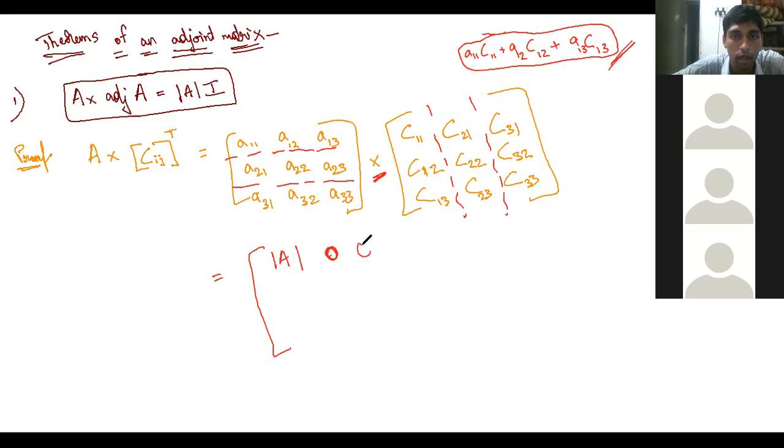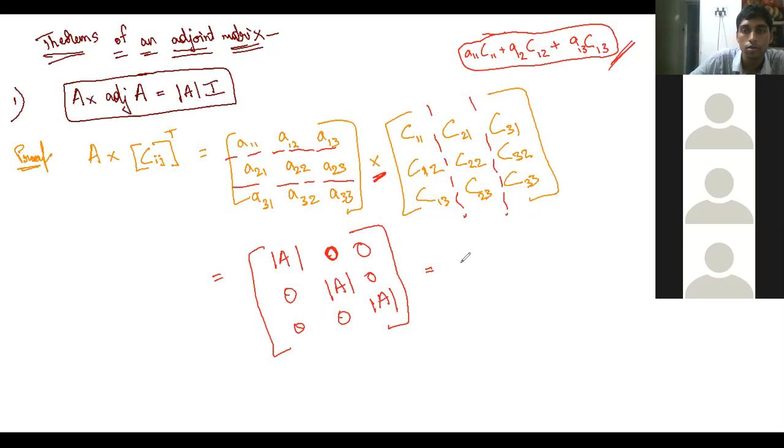Zero. Next. So the off-diagonal terms are zero, and the diagonal terms are the determinant. Mod A into I, where mod means determinant. So this becomes a scalar matrix. Hence proved.